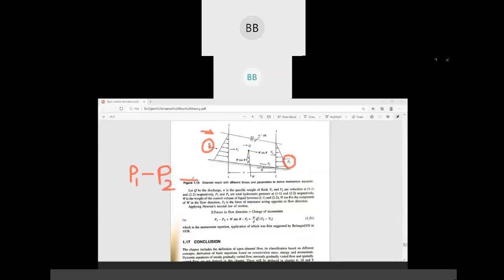Then the weight we have resolved into two directions, one is x and one is y. So definitely W cos theta is not in the direction of flow. It is downward. So that's why W cos theta we are not going to consider. What we are going to consider is W sin theta, as it is in the direction of flow.